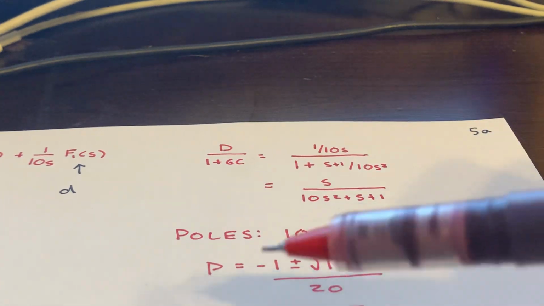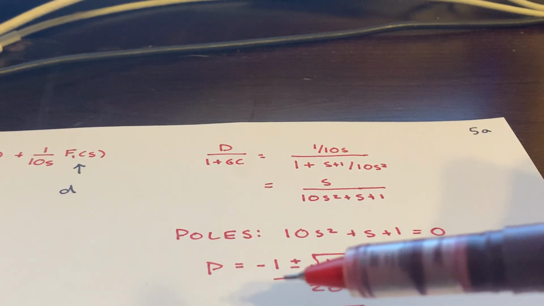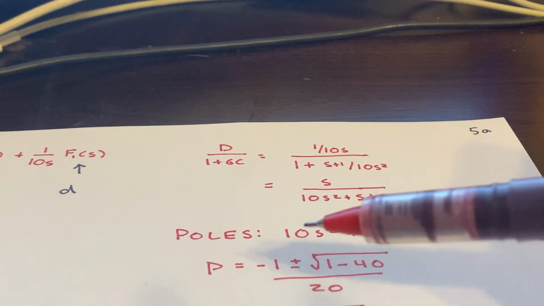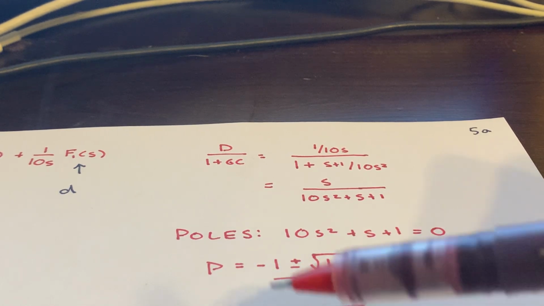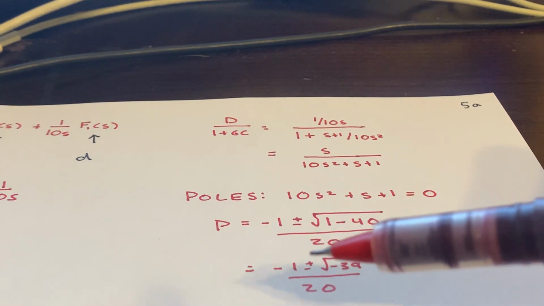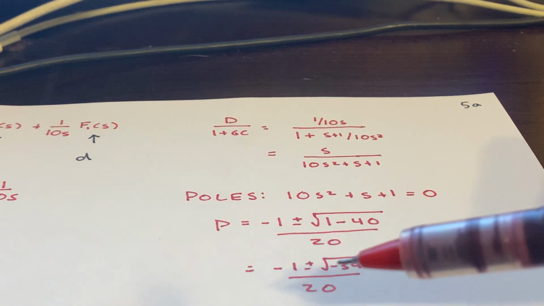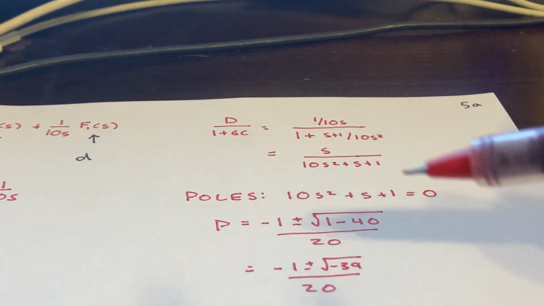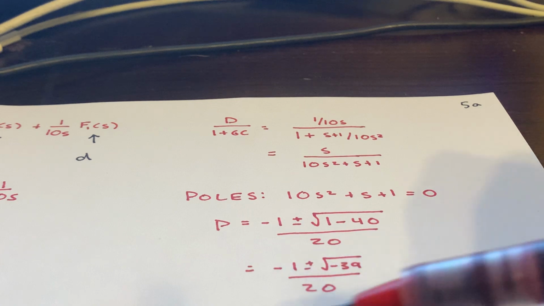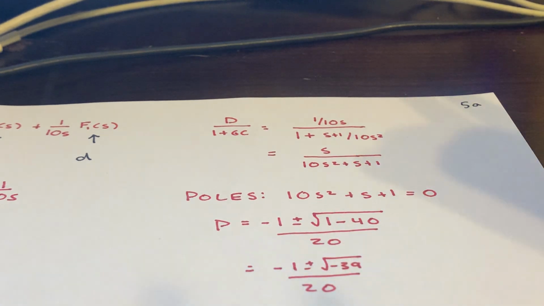And if you plug this in, we get our minus b, minus 1 plus or minus the square root of b squared minus 4ac, where a is 10, all over 2a. So we get this following formula. And this simplifies down to minus 1 plus or minus square root of minus 39 all over 20. I guess it doesn't really simplify down that much. But anyway, these are your poles.